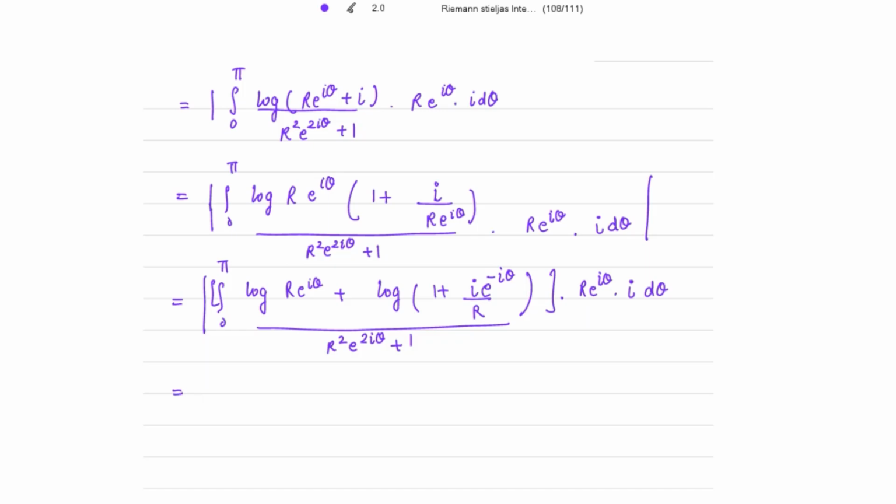So in the next step, again, here I am having this product R into e to the power iota theta. Let me also change this as 0 to pi, log of R plus log of e to the power iota theta, right? Log of e to the power iota theta.